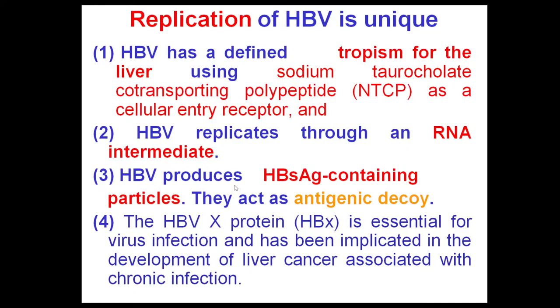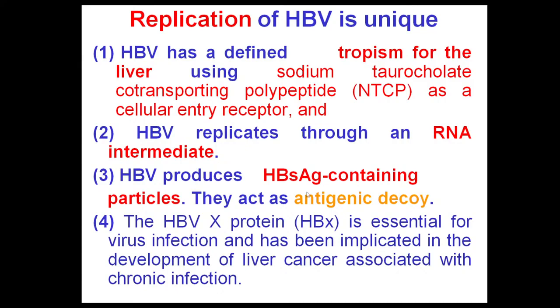Because now the specific receptor is found, called sodium taurocholate co-transporting polypeptide, and it is used as a cellular receptor. Another very important property is that hepatitis B is a DNA virus, but it replicates through an RNA intermediate. That is also unique.